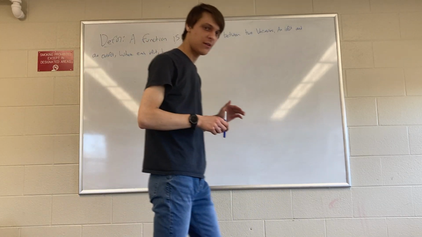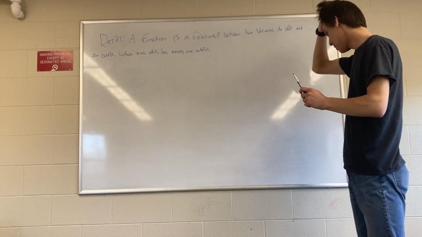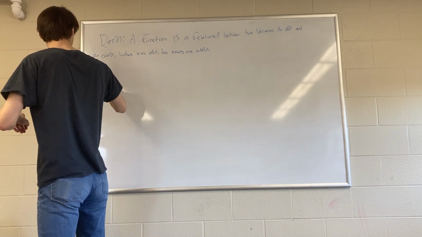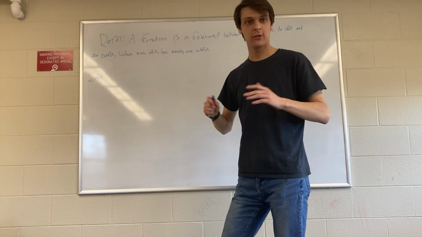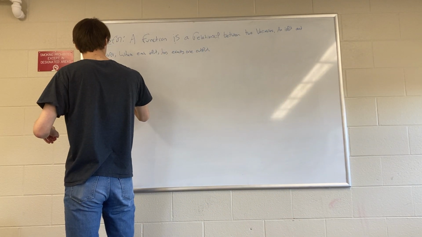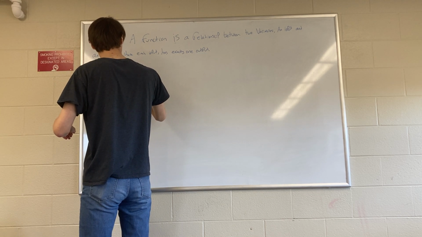But let's unpack this definition a bit further. We have our input. And what is this input? Well, let's write it down over here. Input. Our input is typically called the independent variable. Let's write that down. Independent variable.